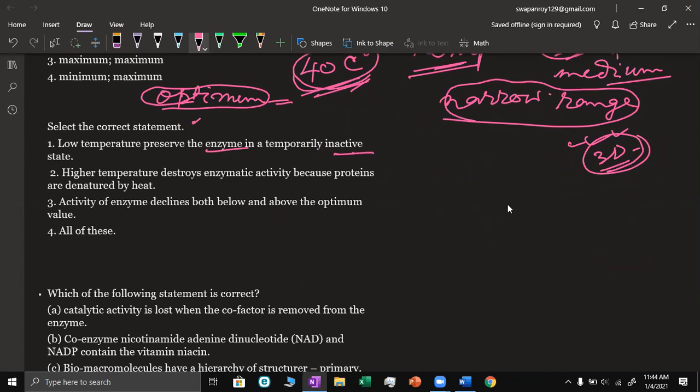Within the living system, to carry out the chemical reaction, the first thing is that the enzyme should be active, and for that the temperature is around 30 degrees plus, but below 40.